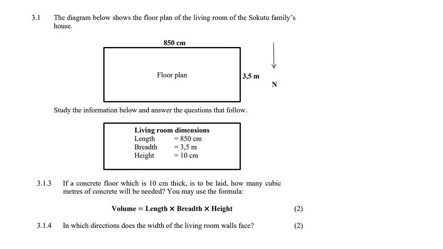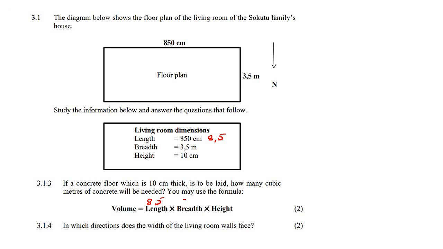Okay, carrying on. It says that if a concrete floor, which is 10 centimeters thick, and that's where the height is coming in, it's not the height of their house, it's the height of the concrete floor, is to be laid, how many cubic meters of concrete will be needed? Volume is equal to length times breadth times height. They want us to use this formula, but we have to use meters. Remember the length, we already converted, it was 8.5.